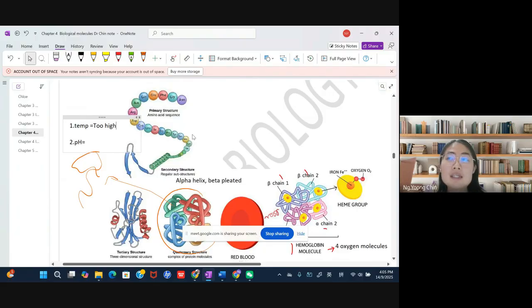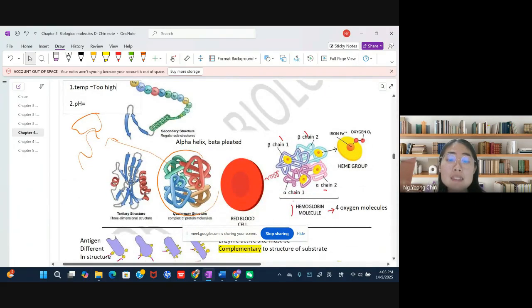So always remember that kinetic energy has a positive correlation with temperature. If you are increasing your temperature, you're actually increasing the kinetic energy of your enzyme and substrate molecules, which means they can vibrate faster. But if the temperature becomes too high, too extreme, you are able to destroy the structure of the enzyme.